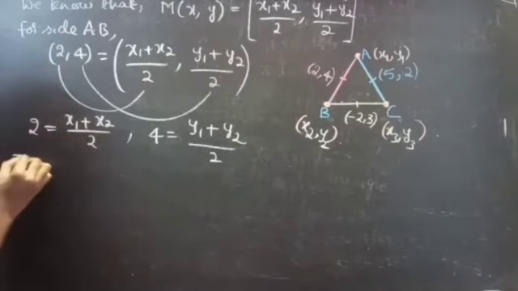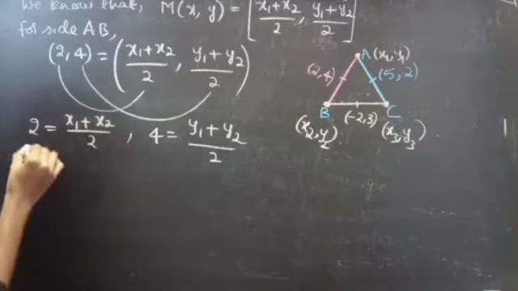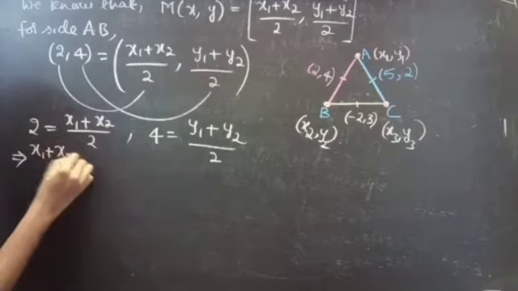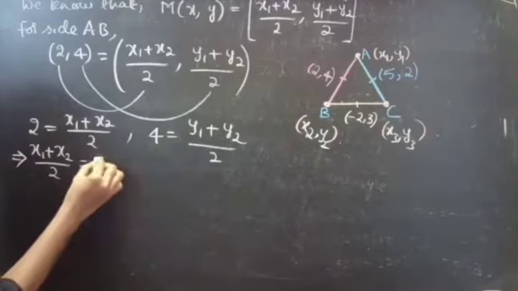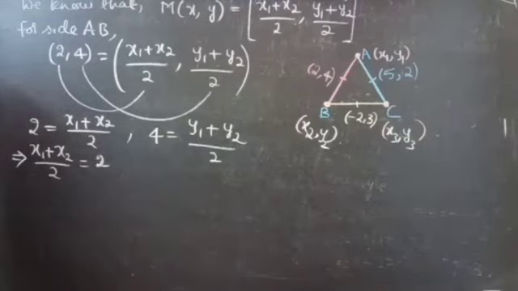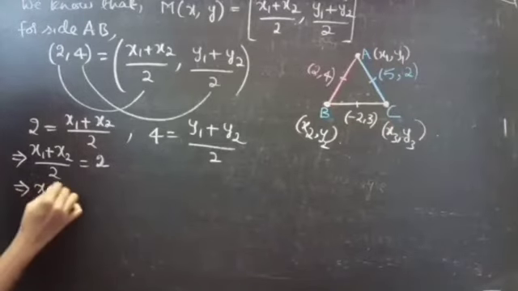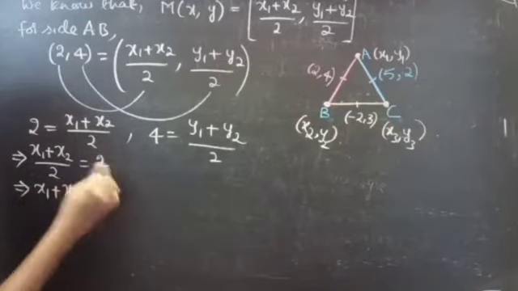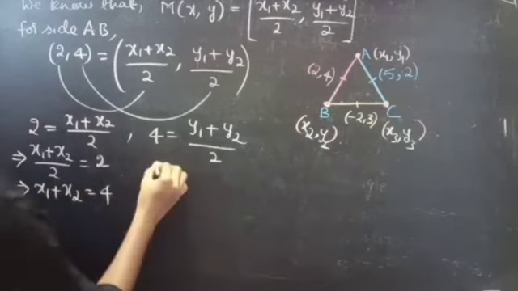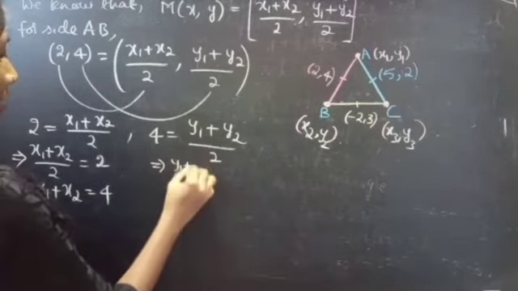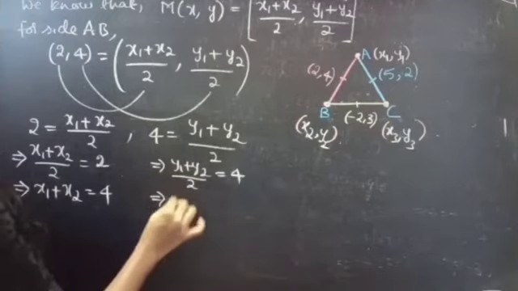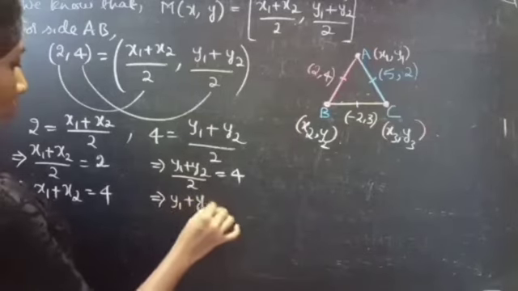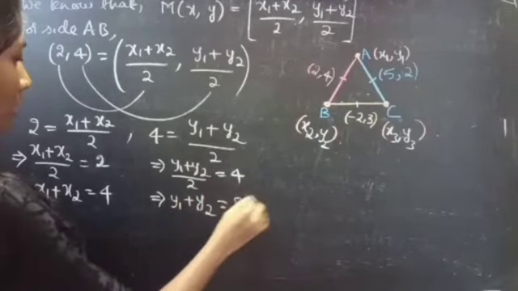So you'll get 2 equals (x1 + x2)/2 and 4 equals (y1 + y2)/2. Rearranging, x1 + x2 equals 2 times 2, which is 4, and y1 + y2 equals 2 times 4, which is 8.